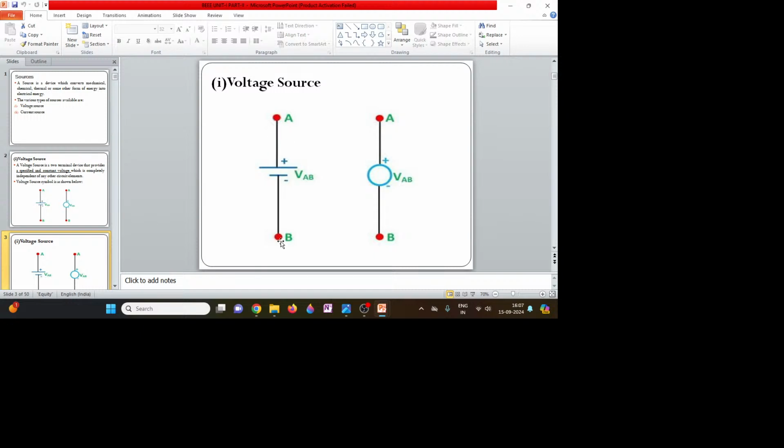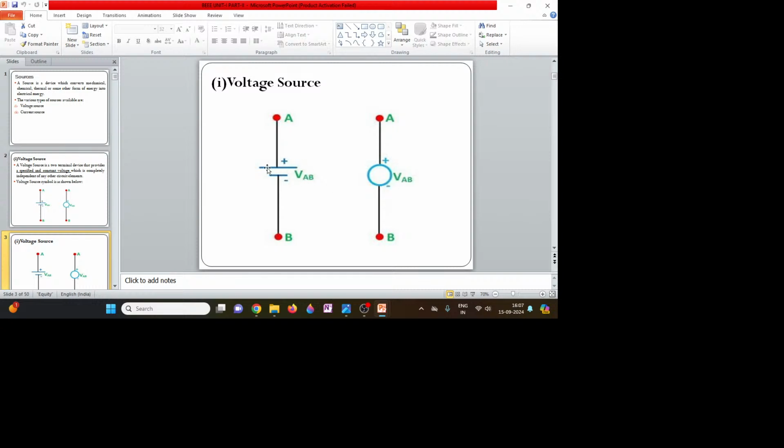Usually the ends are called terminals, but since this is a DC voltage source actually, you can even call the electrodes terminals. This is the positive terminal, this is the negative terminal. The positive terminal is usually larger than the negative terminal. You can also represent the voltage source with a circle, and you can mention V beside it.